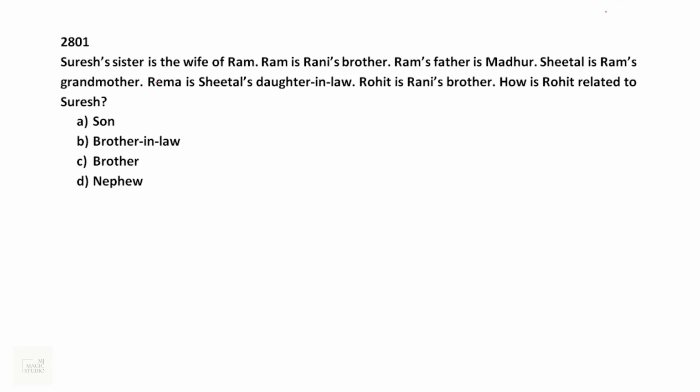Okay, another one from blood relations. Suresh's sister is wife of Ram. Ram is Rani's brother. Ram's father is Madhur. Let me start from here. Madhur, children are Ram. Ram is Rani's brother.